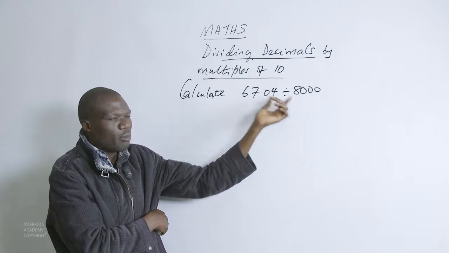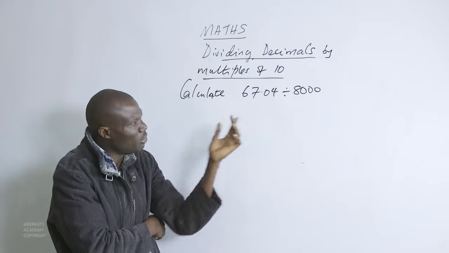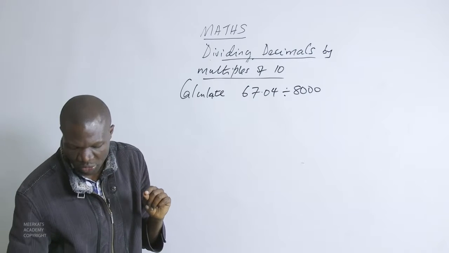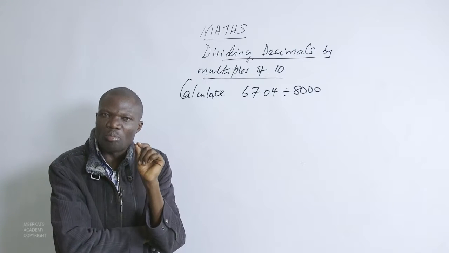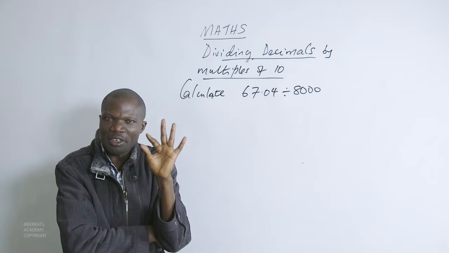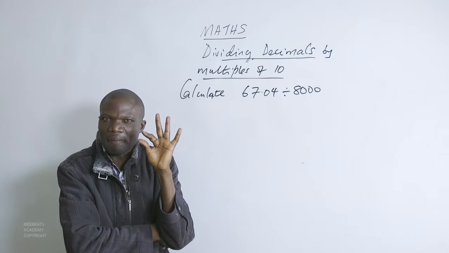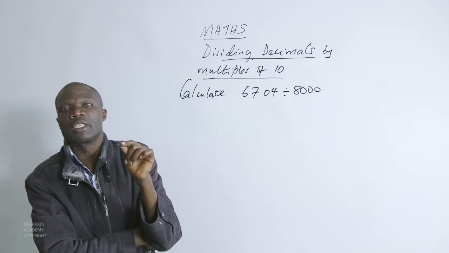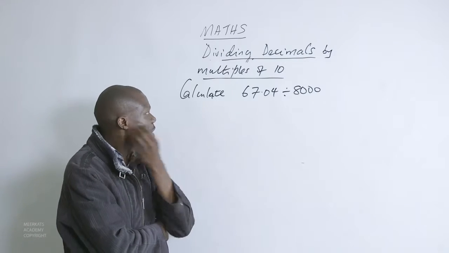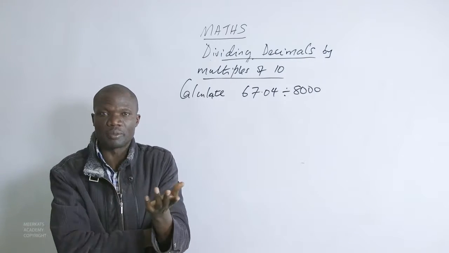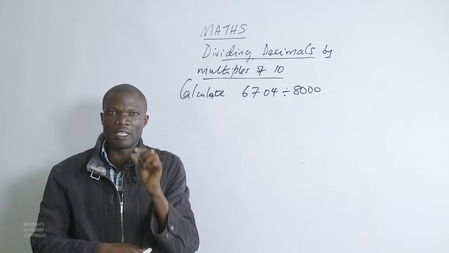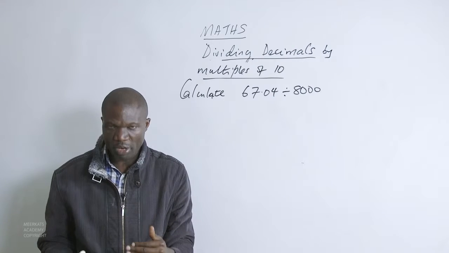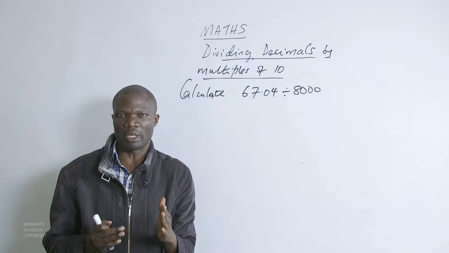When we are dividing by a multiple of 10, we look at those zeros. Those zeros are not negligible. We shall ignore them, but put in mind how many zeros we ignore. That number of zeros are the ones which will dictate the number of decimal places we shall be moving.